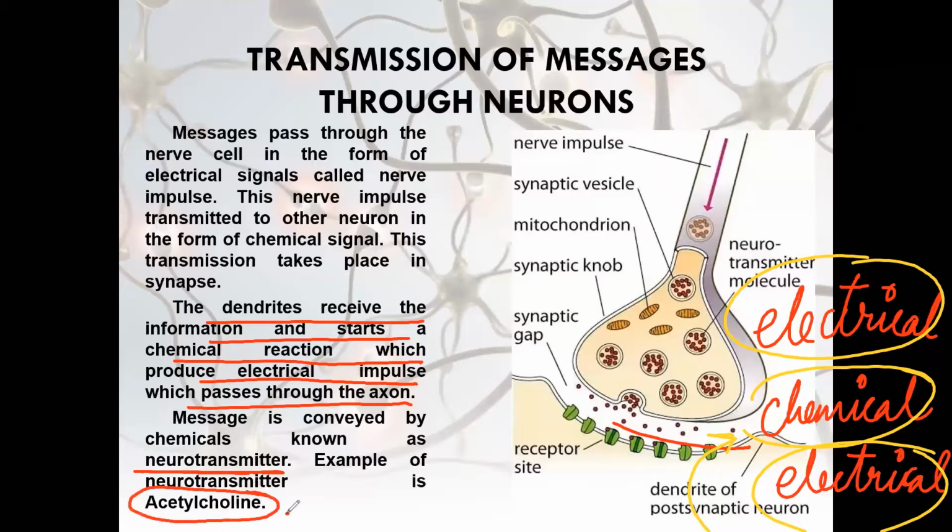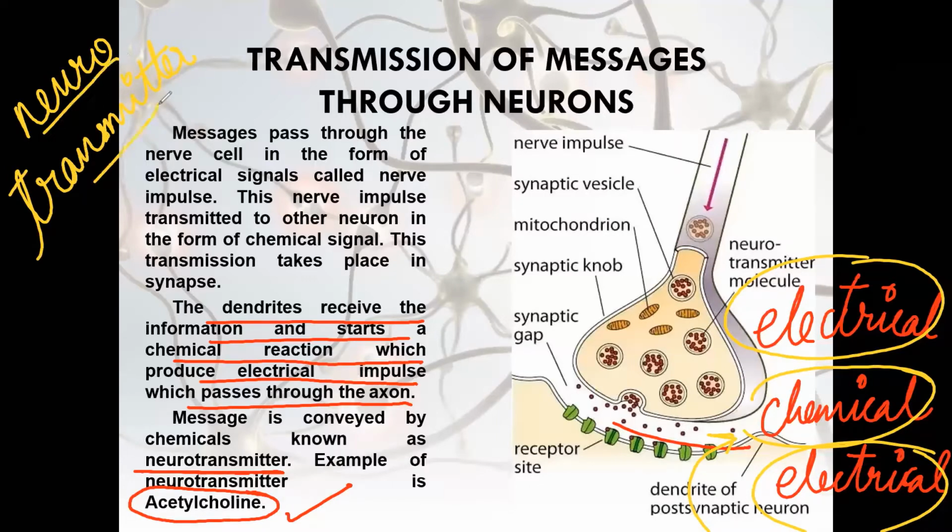You have to remember the name, but if you don't remember, then it's also fine. The name itself says neuro, related to neuron, transmitter, one that helps in transferring the data.